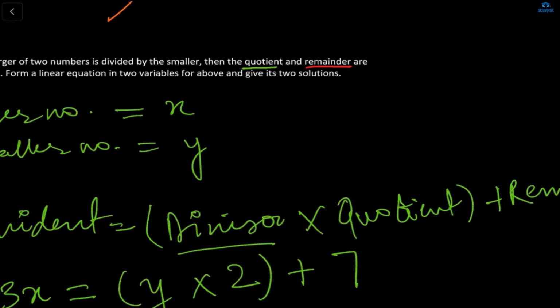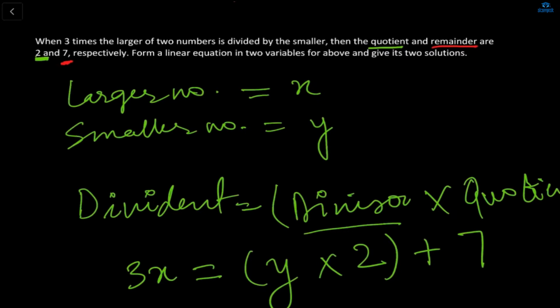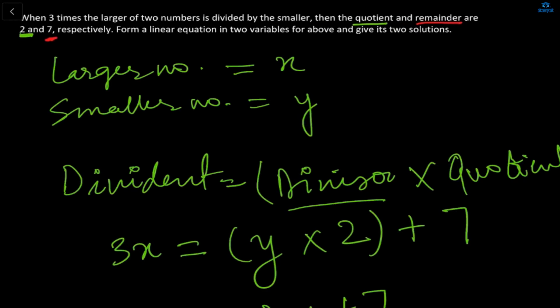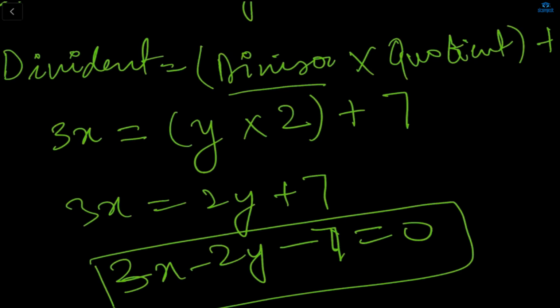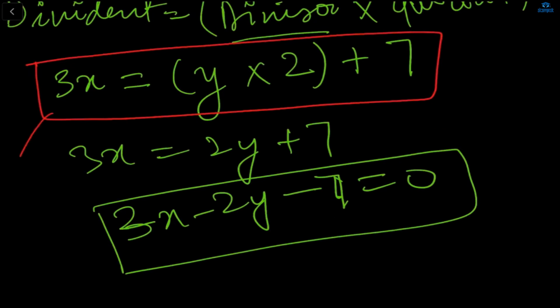So the same we have applied here. 3 times the larger number, that is 3x, is divided by y, so the divisor is y. Quotient is 2 and the remainder is 7. After solving this, we have got the equation 3x minus 2y minus 7 is equal to 0.